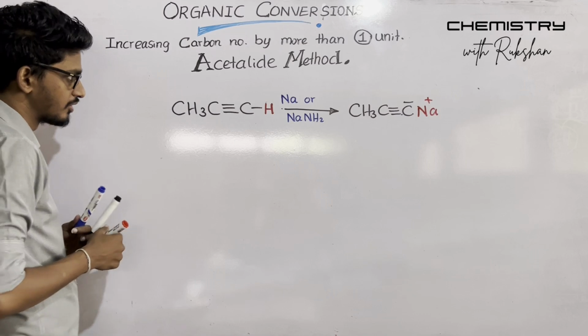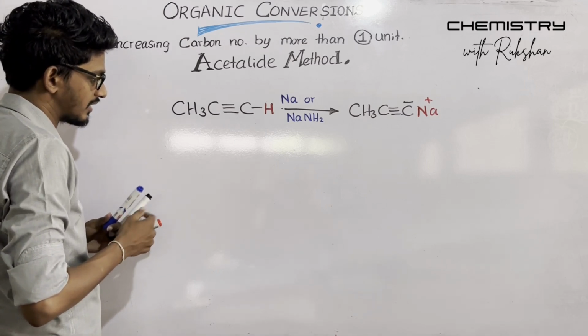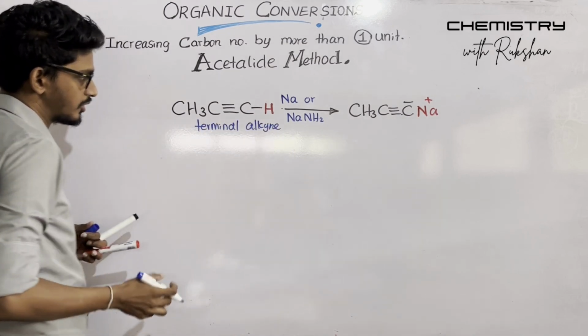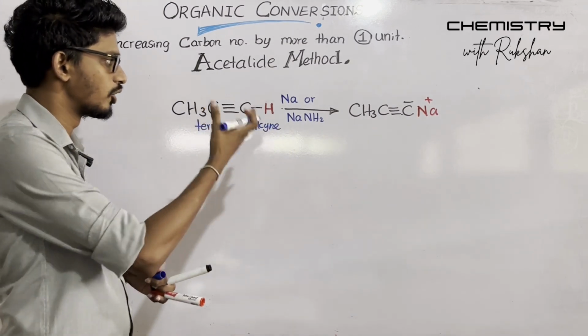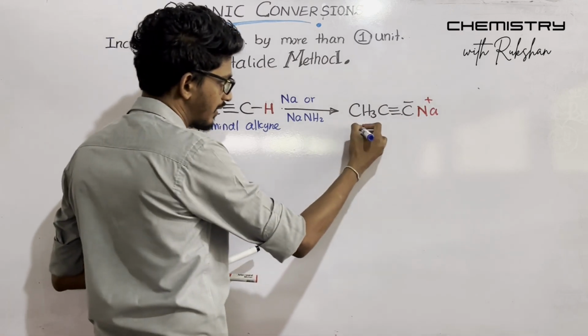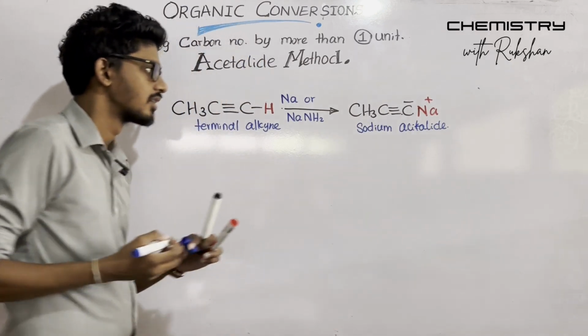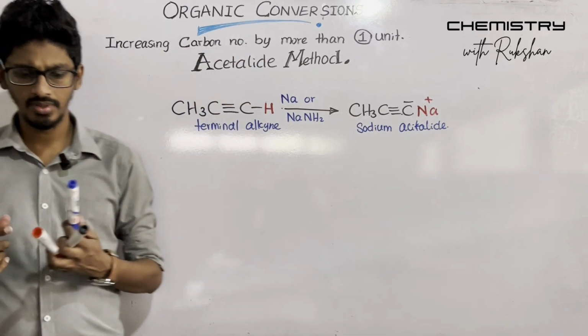So basically, first of all, you have to come up with a terminal alkyne. So to a terminal alkyne, if you add sodium or NaNH2, you can come up with sodium acetylides. Any kind of terminal alkyne can be used.